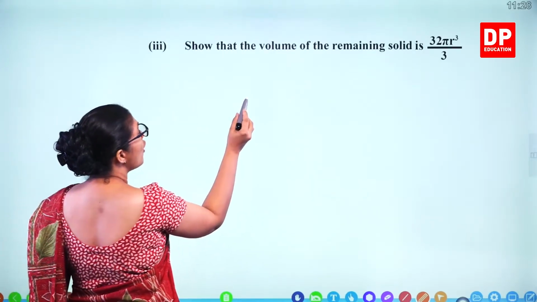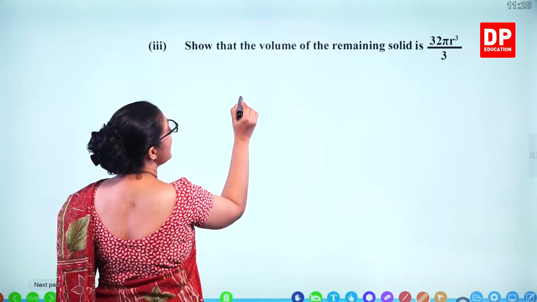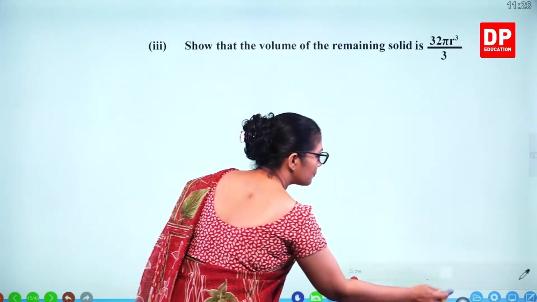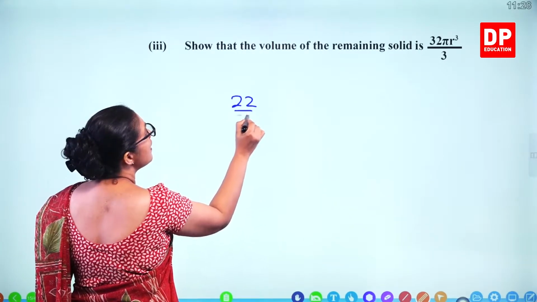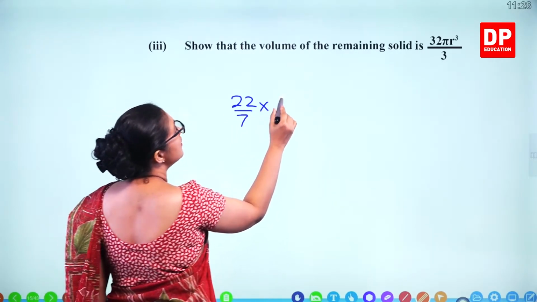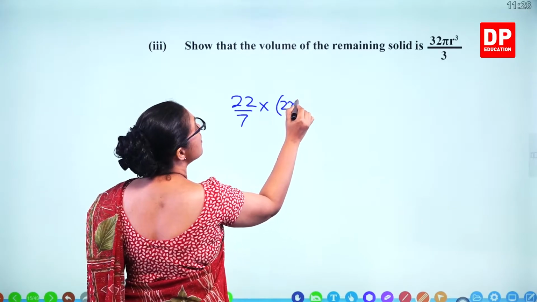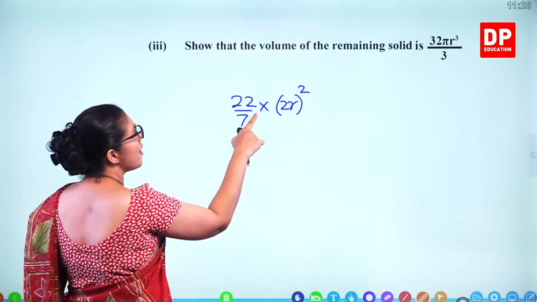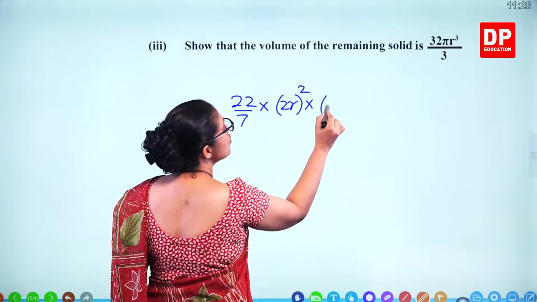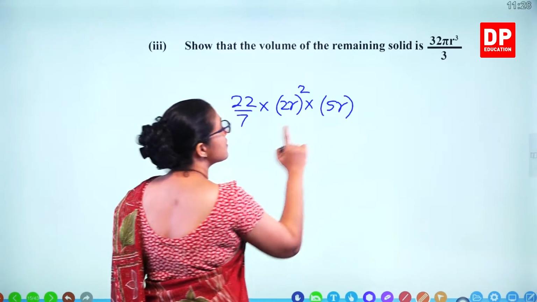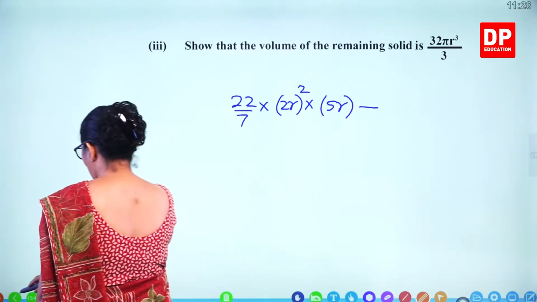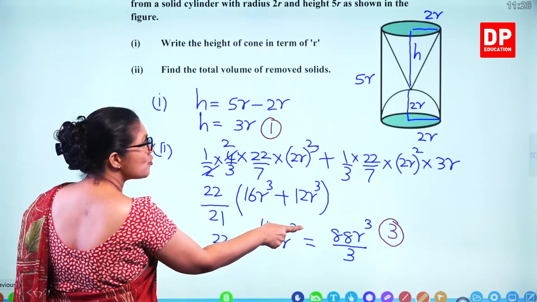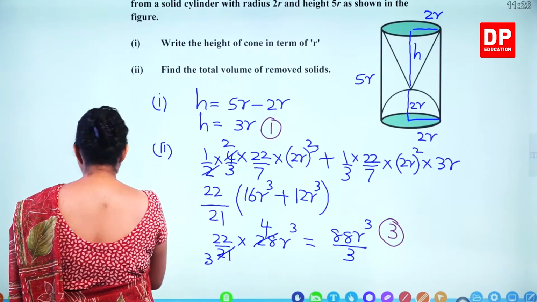So total volume of the cylinder, pi r squared, that's 2r squared, pi r squared, h is 5r, that's the volume of the cylinder minus volume of these two parts, 88r cube over 3.